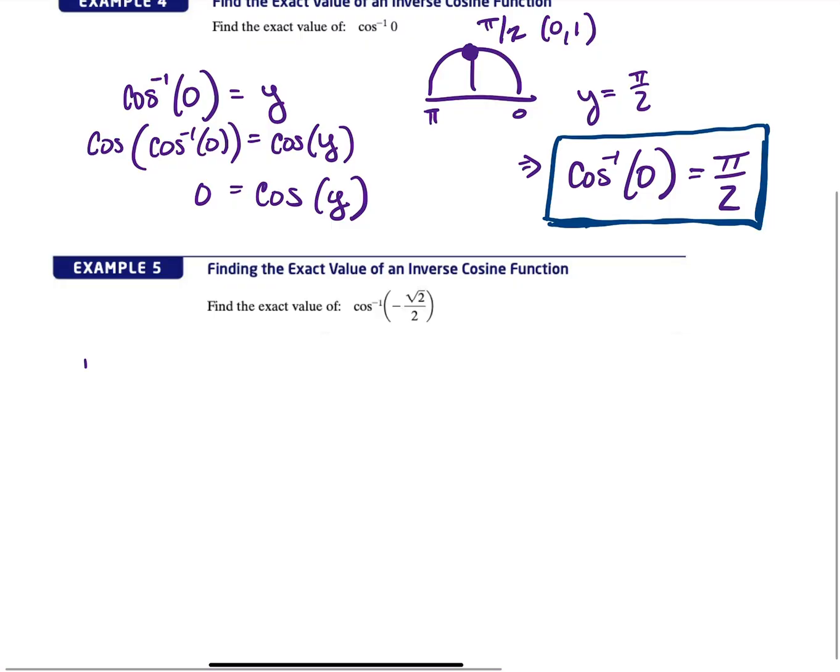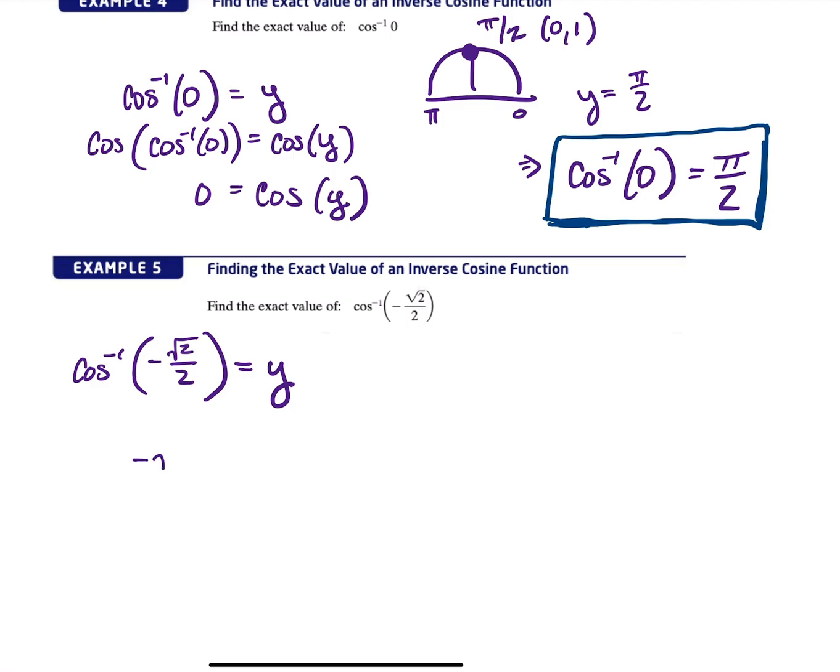We have the inverse cosine of negative root 2 over 2. So I can say this is equal to some angle. I can take the cosine of both sides. Let's just jump to where it will cancel on the left side. So negative root 2 over 2 equals the cosine of some angle. And I'll remind myself it needs to be between 0 and pi.